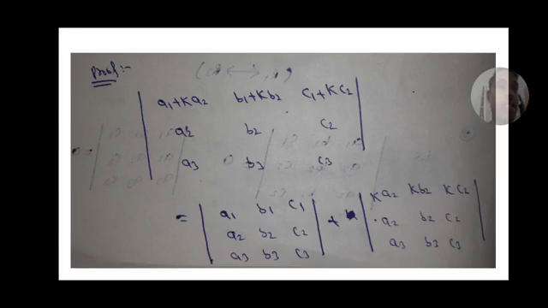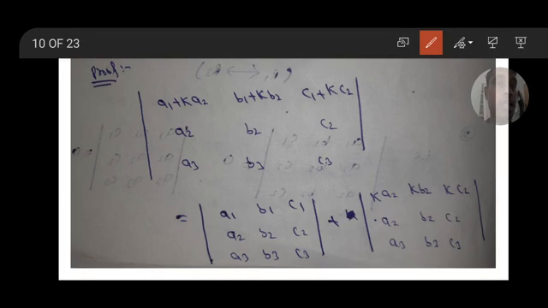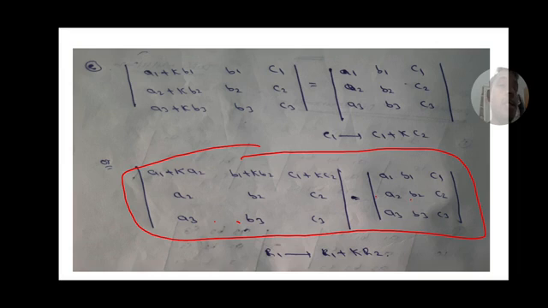That is, if the second row elements are multiplied with k and added to the first row, then the determinant does not change. This is the property: R1 implies R1 plus kR2.